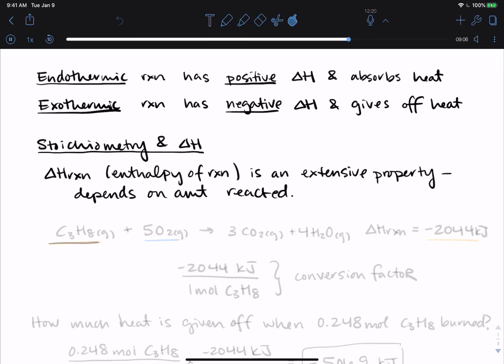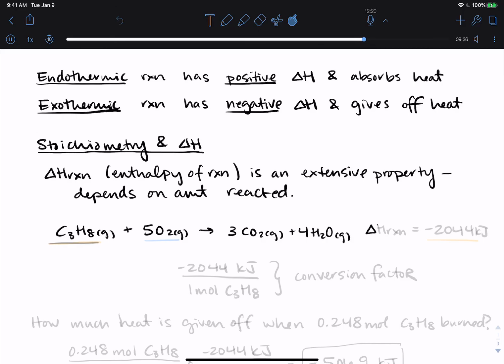The reaction I'm going to give you as an example is C3H8 gas combusting. So if I combust 1 mole of C3H8 gas, which means it's going to react perfectly with 5 moles of oxygen, we're going to get exactly 3 moles of CO2 and 4 moles of H2O as product.